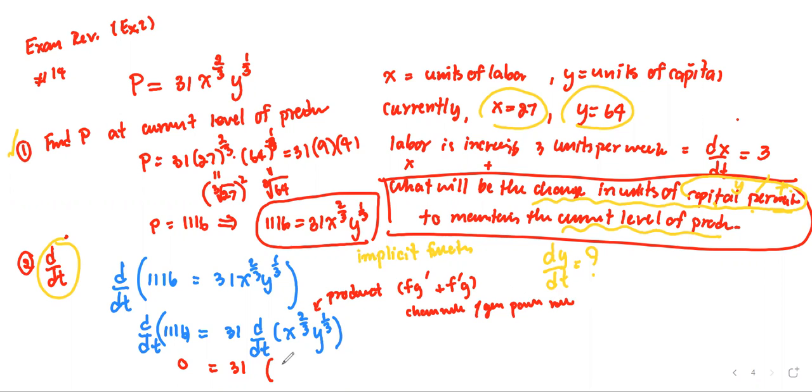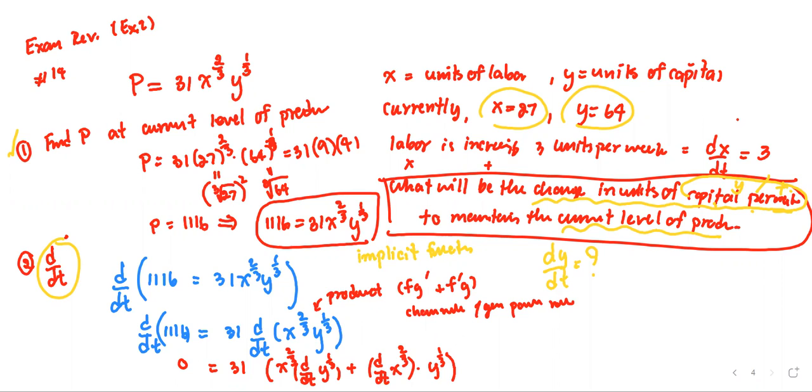The first term, x to the power 2/3, multiplied by the derivative with respect to time of y to the power 1/3, and then plus the derivative with respect to time of the first term multiplied by the second term, y to the power 1/3. I just use the template of the product rule, and then the next step, I'm going to apply the general power rule to each term.